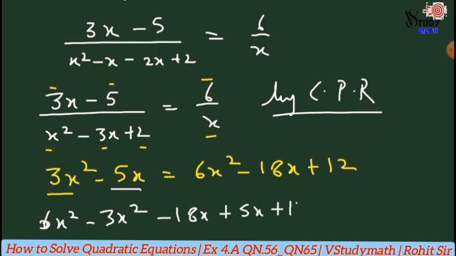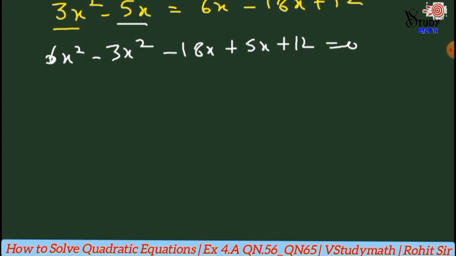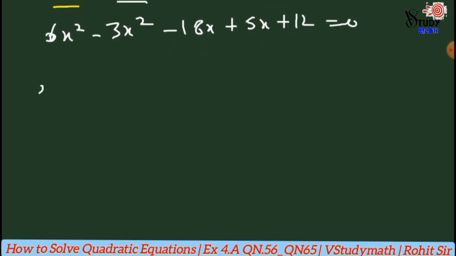Now solve. We can write 6x square. Now subtract negative 3x square from positive 6x square, then we have positive 3x square negative 13x positive 12 is equal to 0.